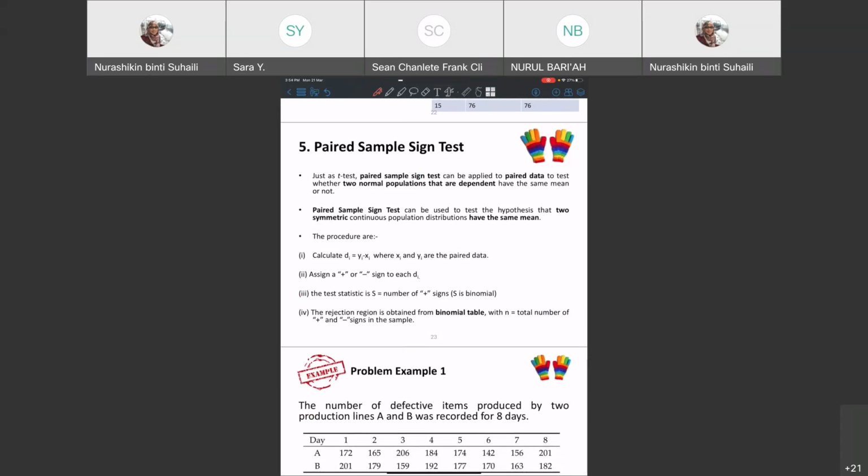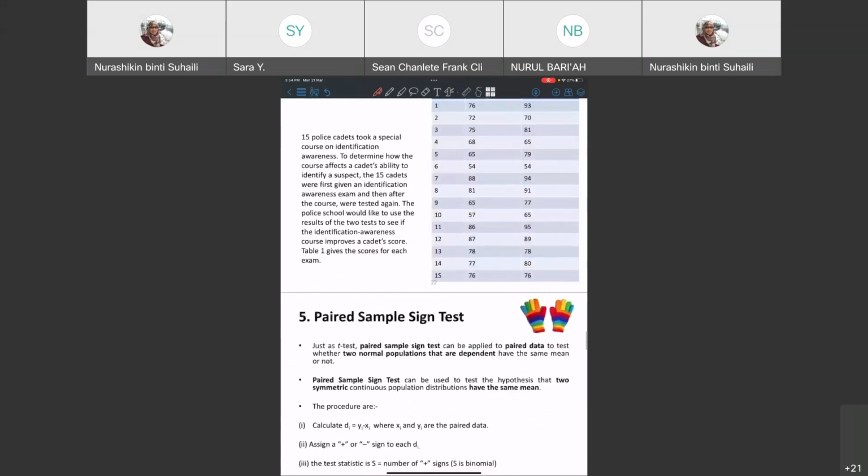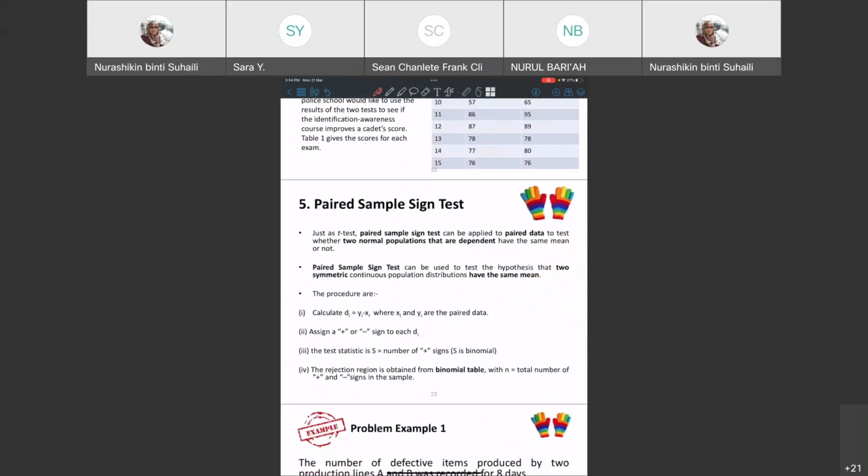Okay, contohnya. Okay, so what are the procedure? Dia sama je. What are the difference is that you just have to make sure that the comparison is correct lah, from one point to another.